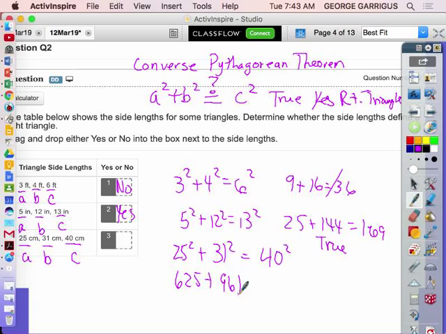So they add up to 1,586. 40 squared is 1,600. So they do not equal each other. So the answer is no.